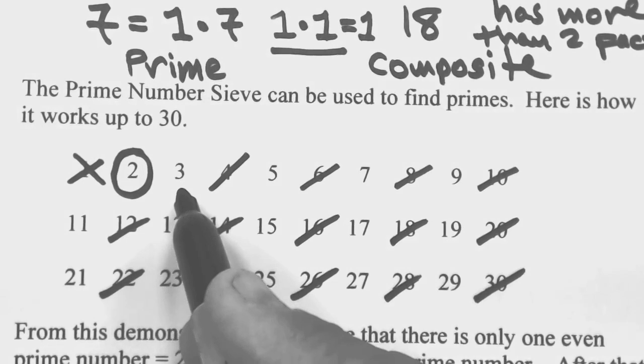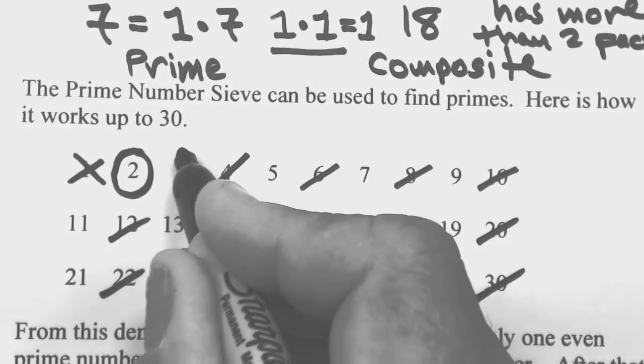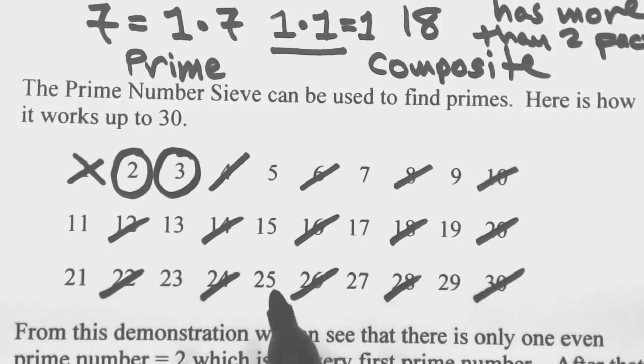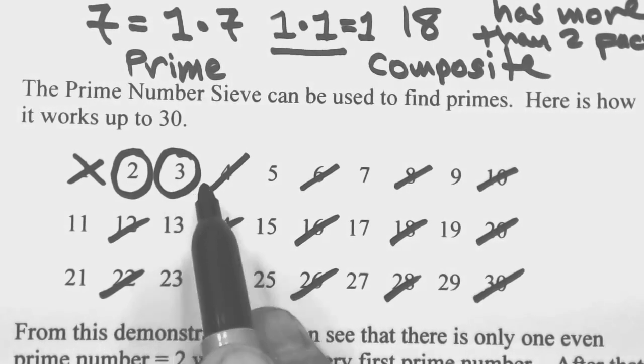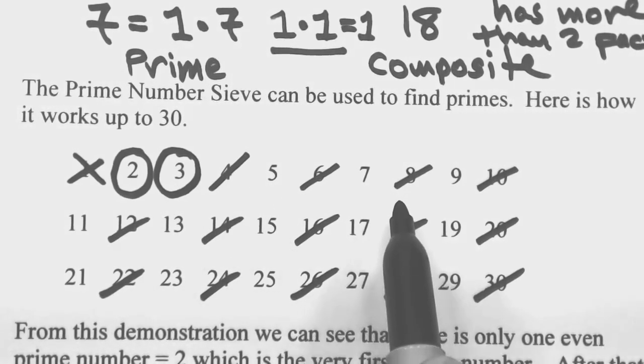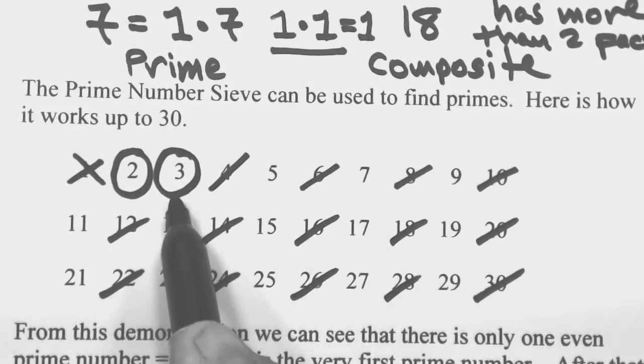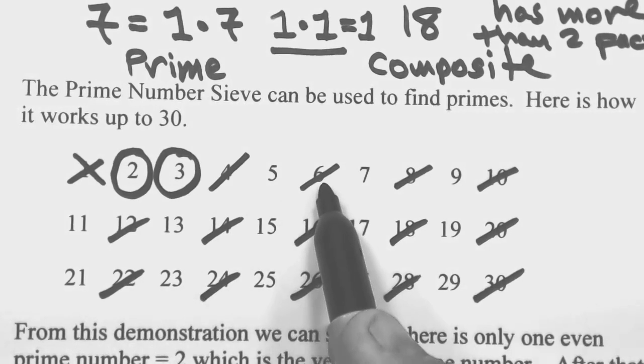Okay, let's take a look at the next number, 3. Well, the only thing you can do with 3 is 1 times 3, so that means it is also prime. But just like we did with 2, we can now knock out all the multiples of 3, because any multiple of 3 will also have 3 as a factor, and that means it has more than a total of 2. So let's take a look. Many of these we've already knocked out.